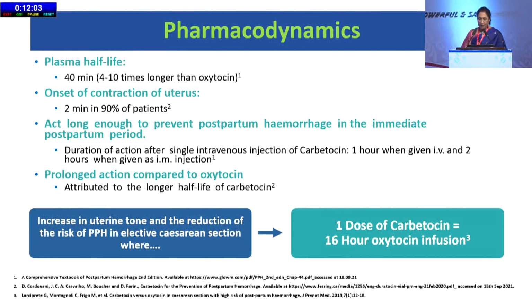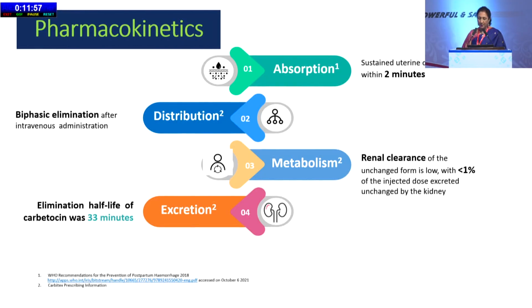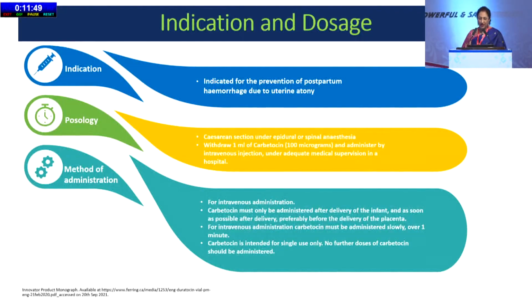Therefore, 1 dose of carbetocin is equal to 16 hours of oxytocin infusion. The renal clearance of the unchanged form is low, with less than 1% of the injected dose excreted unchanged by the kidney. So it's recommended in all vaginal as well as cesarean deliveries.